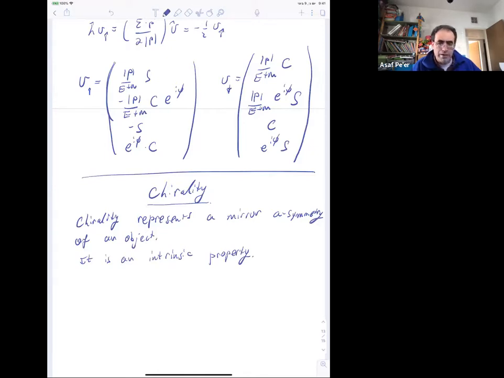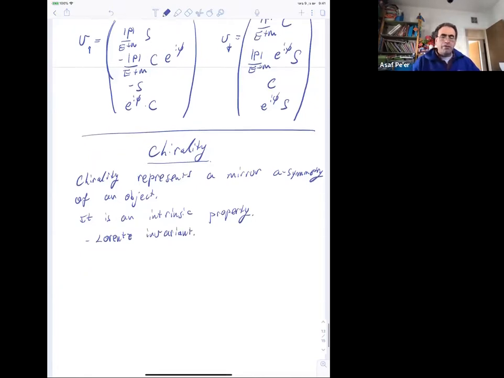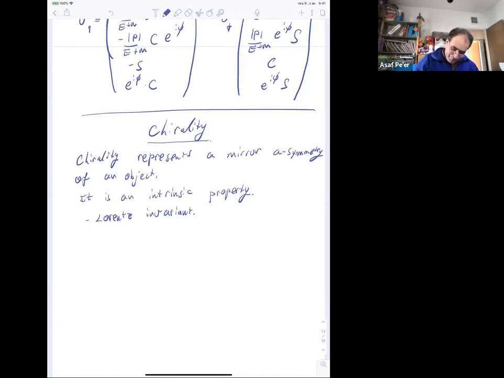And that's why it's a Lorentz invariant. Okay, so within the framework of the standard model, chirality in particle physics, in the standard model.